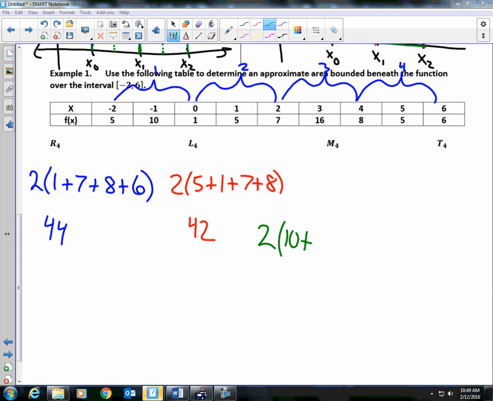Plus, what's halfway between 0 and 2? And I get 5. Halfway between 2 and 4. Halfway between 4 and 6. And I get 5. I got 10, and 10 is 20. 36 times 2 is 72.